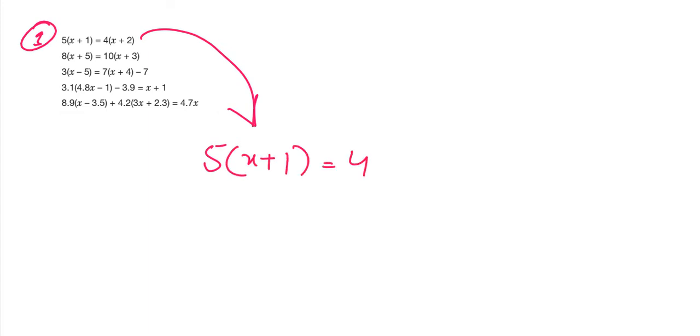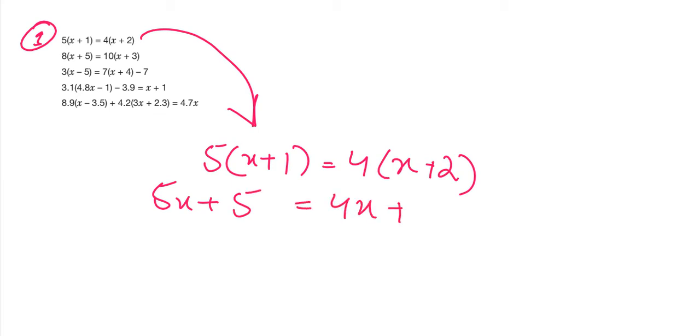Let's work out some complex algebraic expressions. In these we still have to work out the value of x. Like 5 times x plus 1, 4 times x plus 2. Again we have to expand them. 5x plus 5, 4x plus 8.